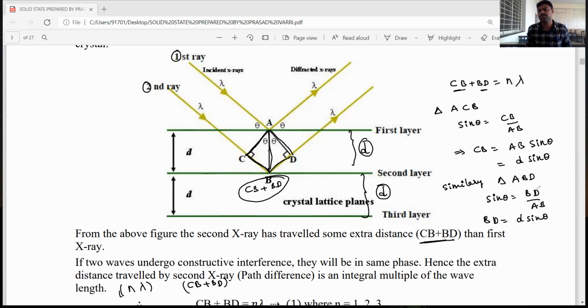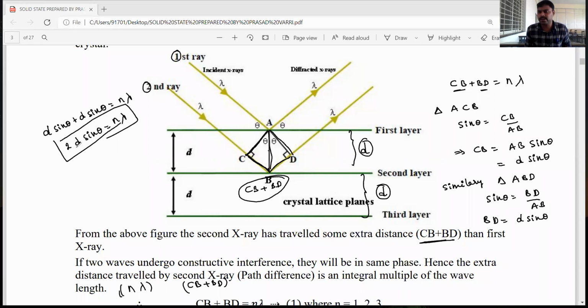Now substitute in both: d sine theta plus d sine theta equals 2d sine theta, and this equals n lambda. Dear students, so 2d sine theta equals n lambda is known as Bragg's equation.